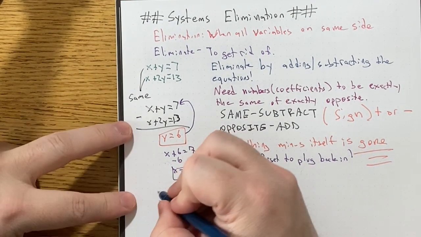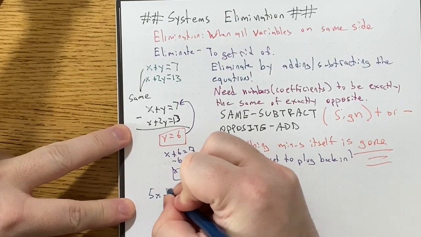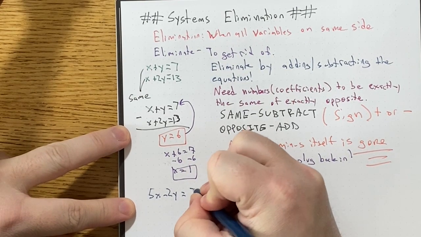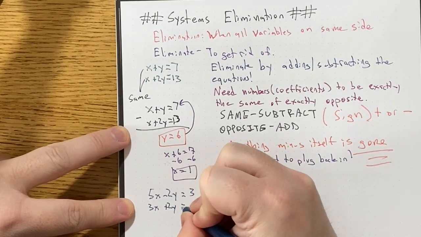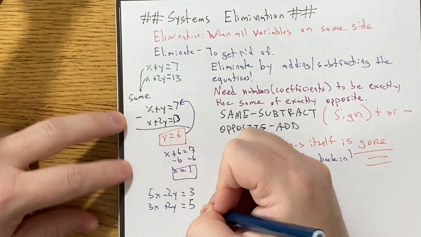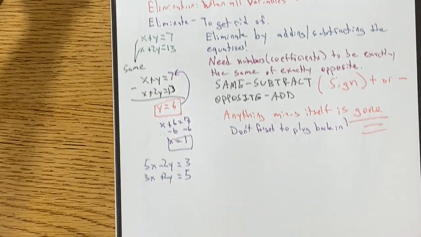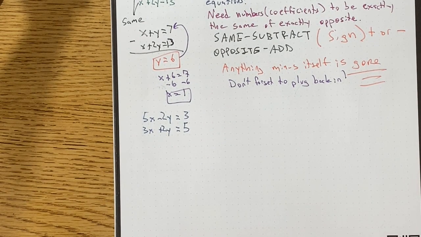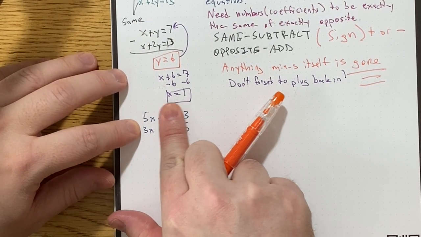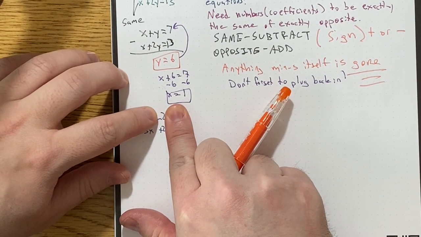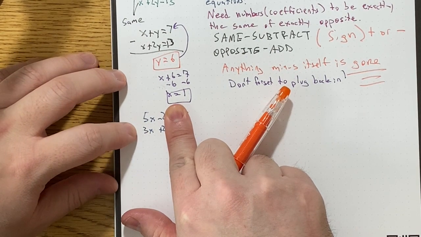If I gave you something that looks like 5x minus 2y equals 3, and then 3x plus 2y equals 5. Same steps. First of all, you look to see, are those the same or opposite? No, that's a 5, that's a 3. If you look at this one though, you've got negative 2 and a positive 2. Those are exactly opposite.